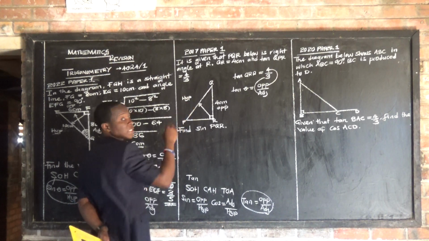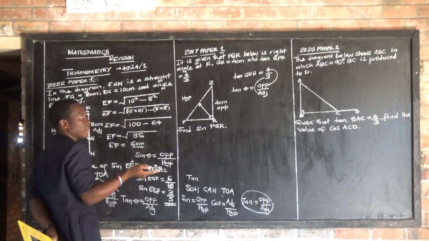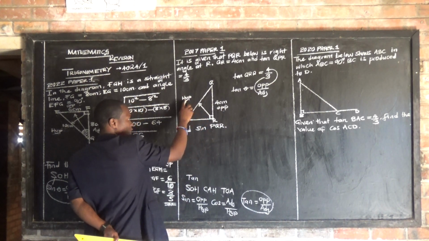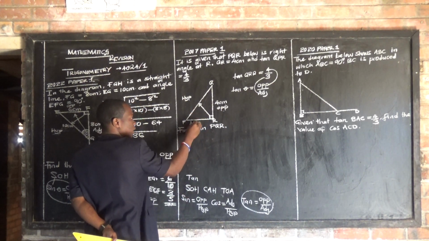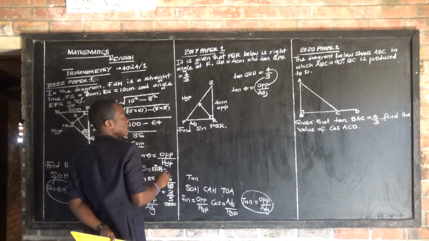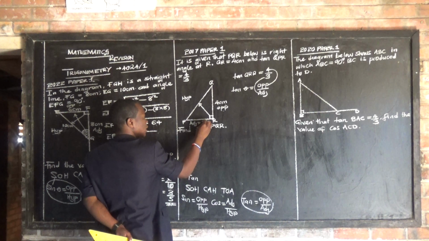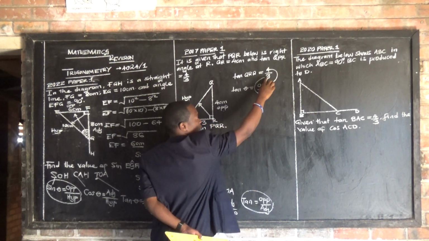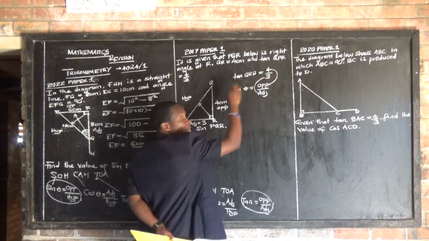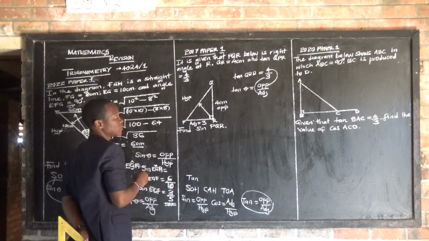Is it okay? So now, if this is our opposite and hypotenuse, this one becomes adjacent. So adjacent is 3, then opposite is 4. Are we together? Is it fine?